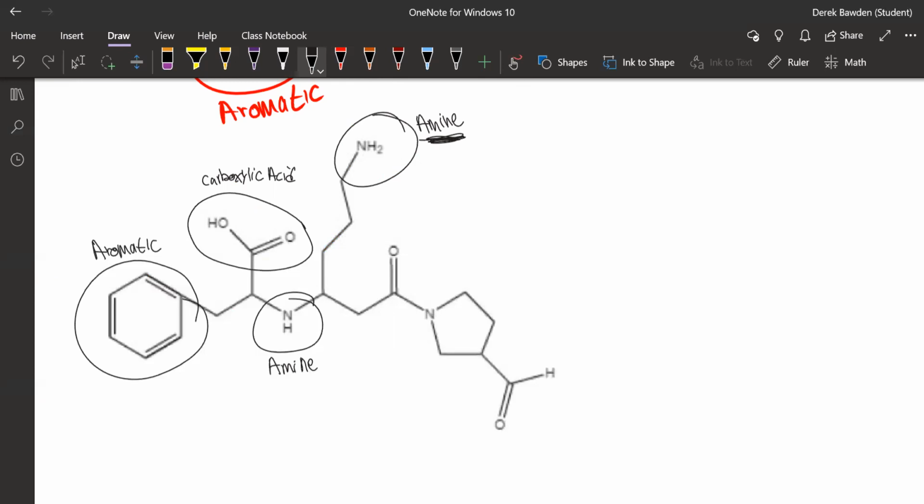Any others we see? There's another. Oh, never mind. I was going to say there's another carboxylic acid at the end, but okay, we talked about this one a bit earlier. What's this? If there's no OH on there, what does it become?